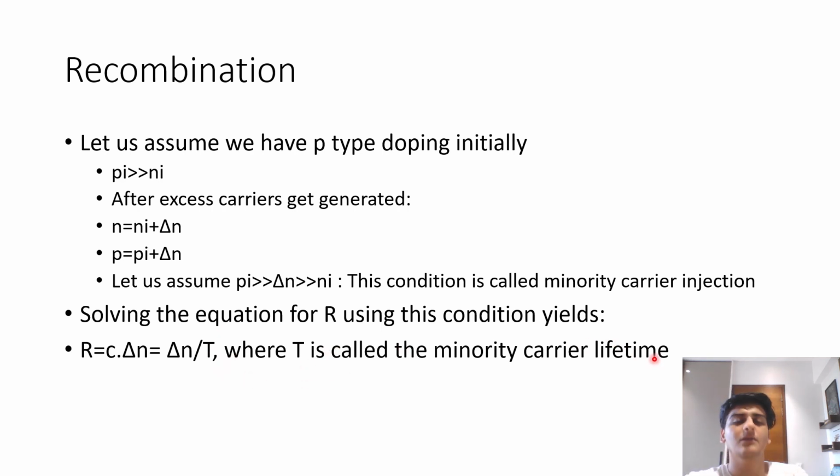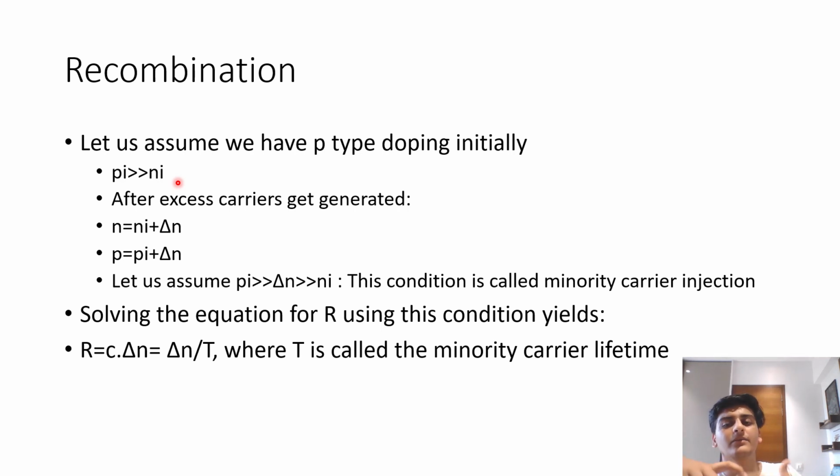The reason it's called the minority carrier lifetime is that this condition of delta n being bounded in this sense is called minority carrier injection, because you have a lot more p than n. And the moment you have generation recombination, you're going to have equal generation of both electrons and holes.